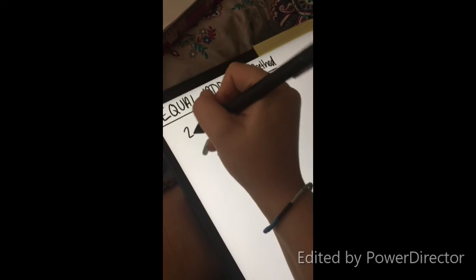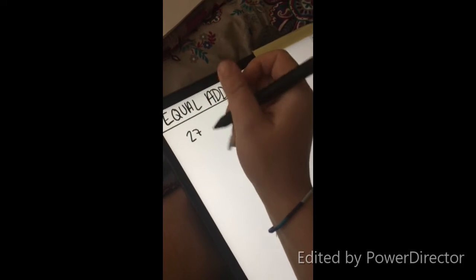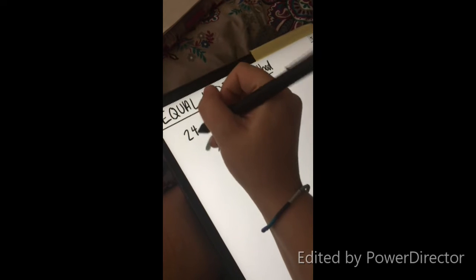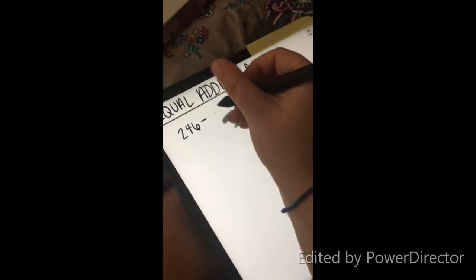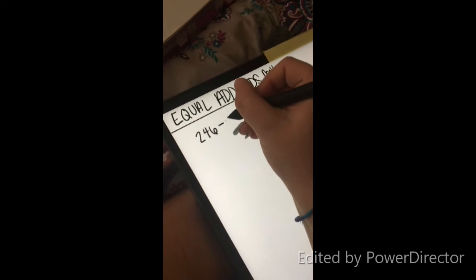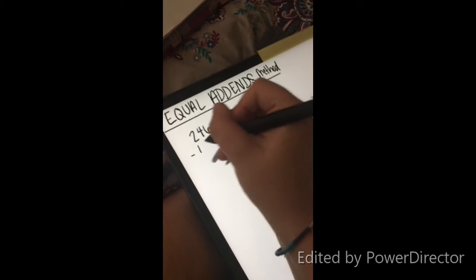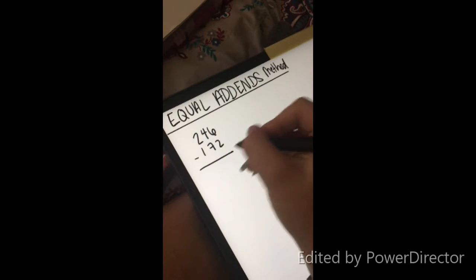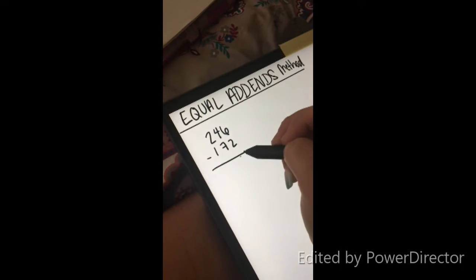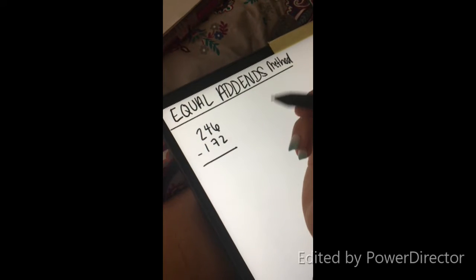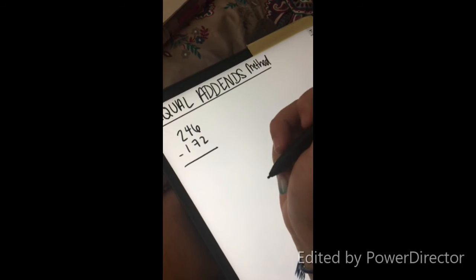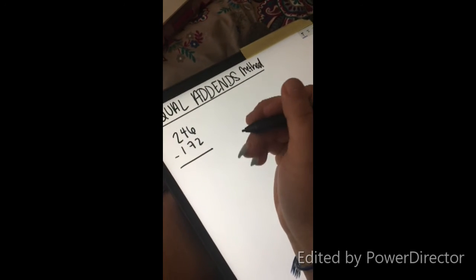We're going to start with the number 246, and we're going to subtract it from, I'm going to do it over here, 172. You see, these numbers are difficult to subtract because 7 is bigger than 4, and we have to borrow, and it just makes it more complicated.